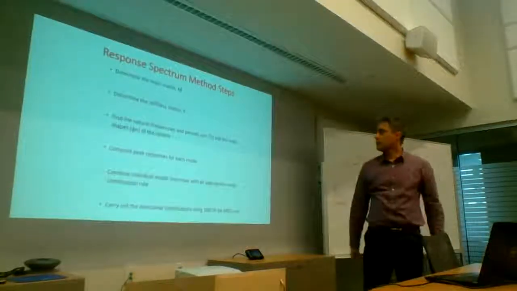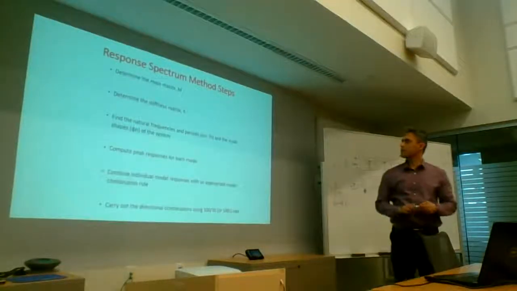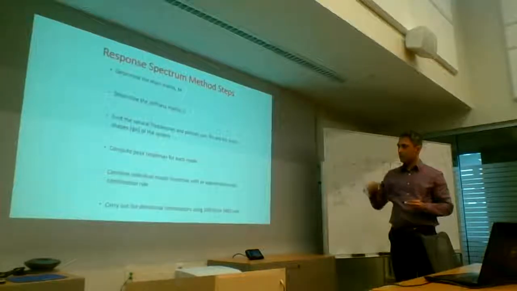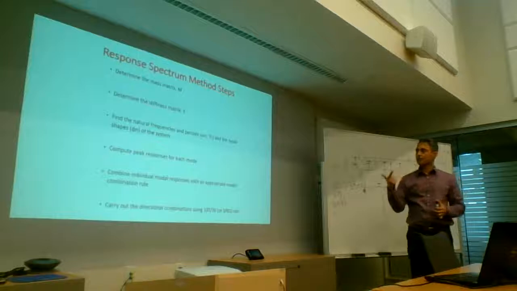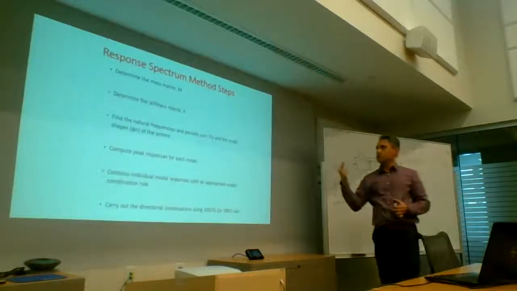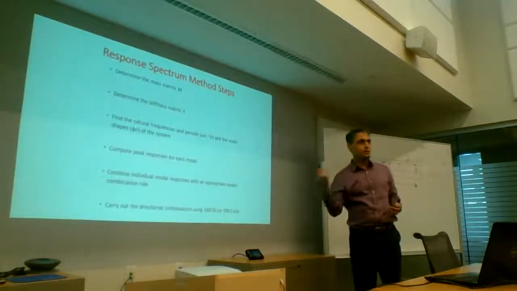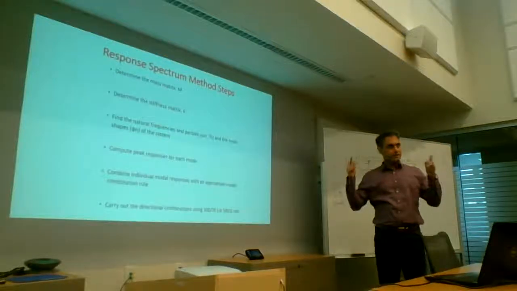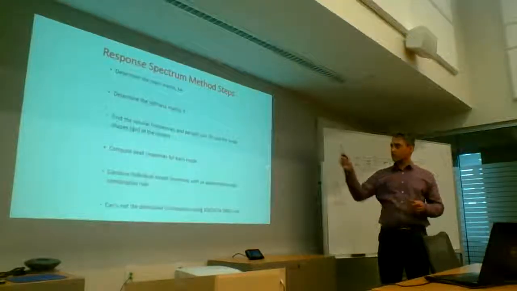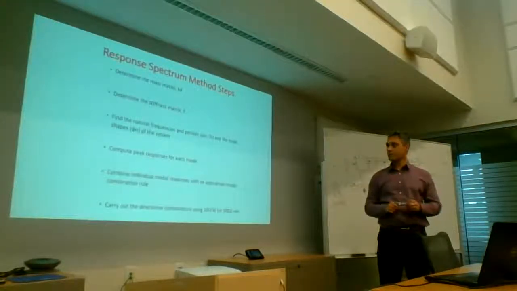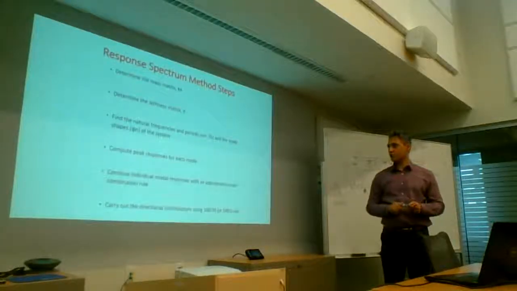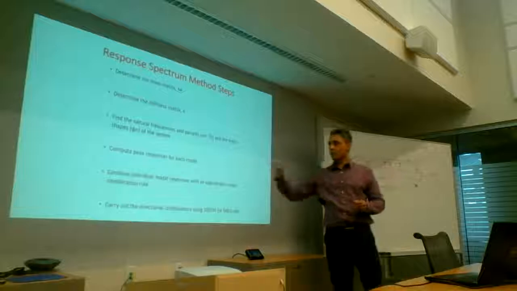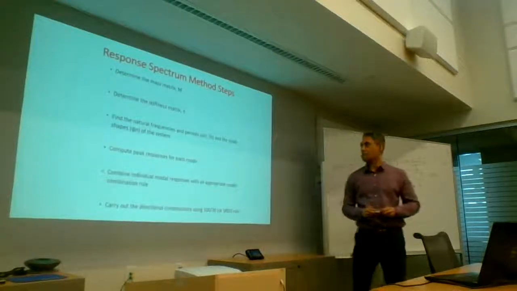So here's how I've summed up the method. You determine your mass matrix, you determine your stiffness matrix, then you form your characteristic equation. You come up with your natural frequencies and periods. And once you've calculated those, then you can come up with your mode shapes. For each mode shape, you compute your peak response.